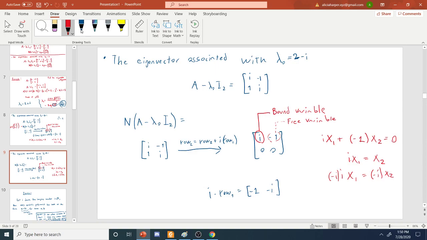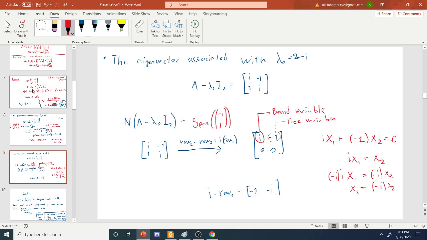Negative i times i just turns out to be 1. So I get x1 is equal to negative i x2. So I've expressed my bound variable in terms of my free variable. And that shows that the null space is equal to the span of the vector where you can take x2 to be 1, and then x1 has to be negative i. And you can check that this works.